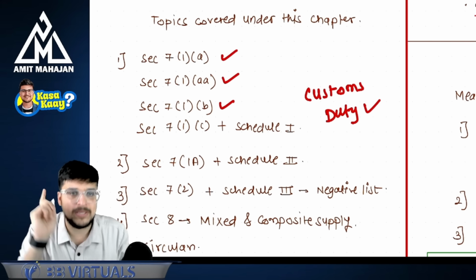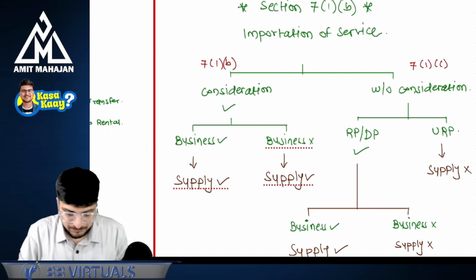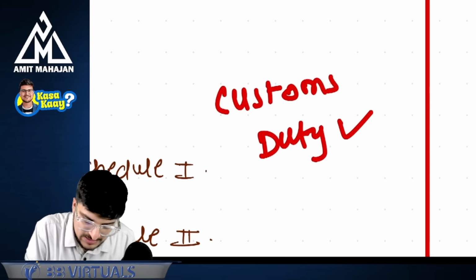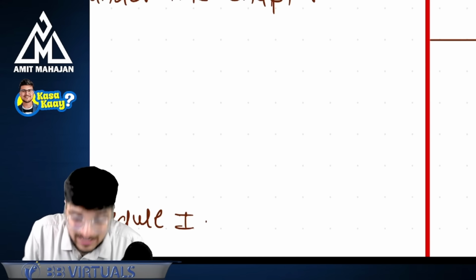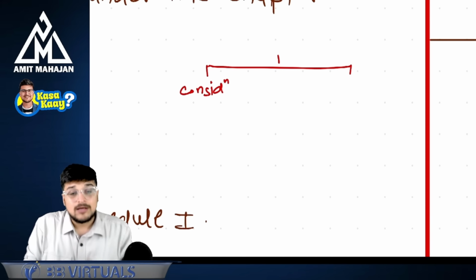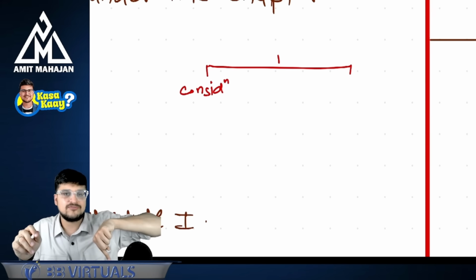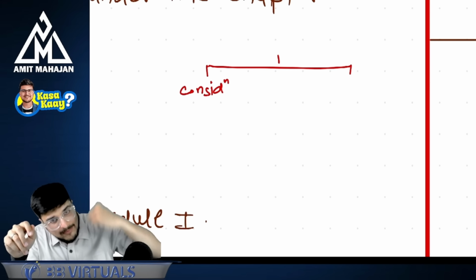Understanding? Okay. Now let's see importation of service. This is very simple. I will draw it here so that you understand it in a better way. I'm importing a certain service for a consideration, that is, that person charged consideration from me. The supplier is outside India and I am importing.